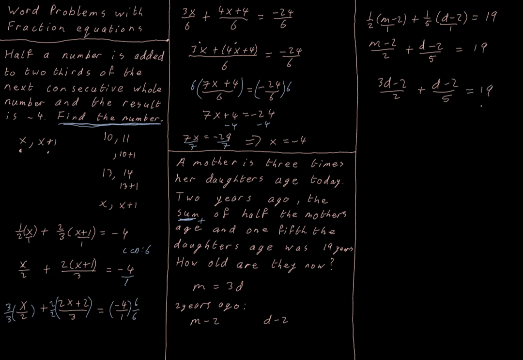So now, can I simplify my fractions? No. So I need to get the same denominator for all my fractions so I can compare them. So the lowest common denominator is going to be, well, that's over 1. So 10 is going to be my lowest common denominator of 2, 5, and 1.